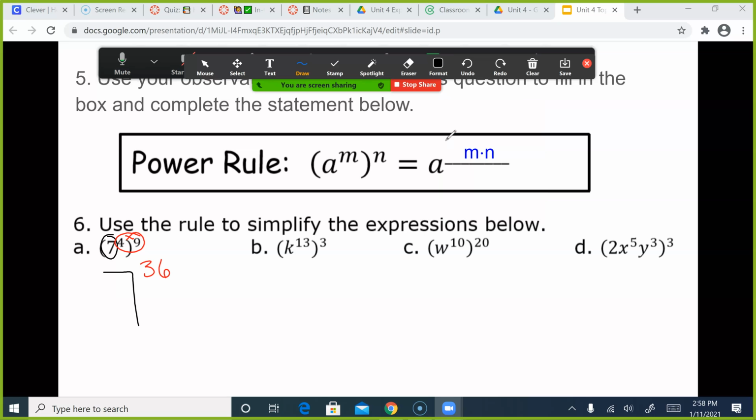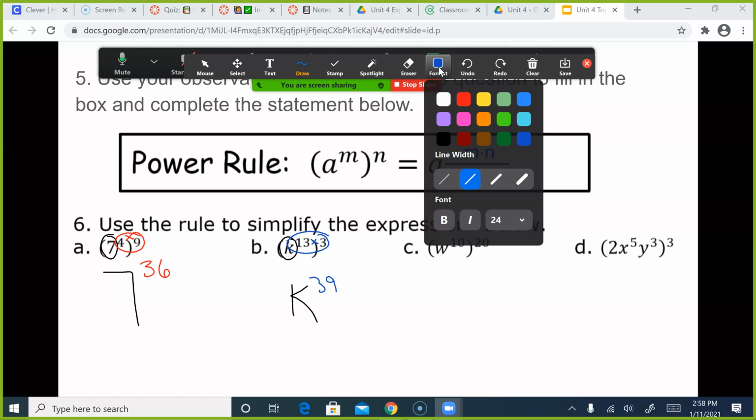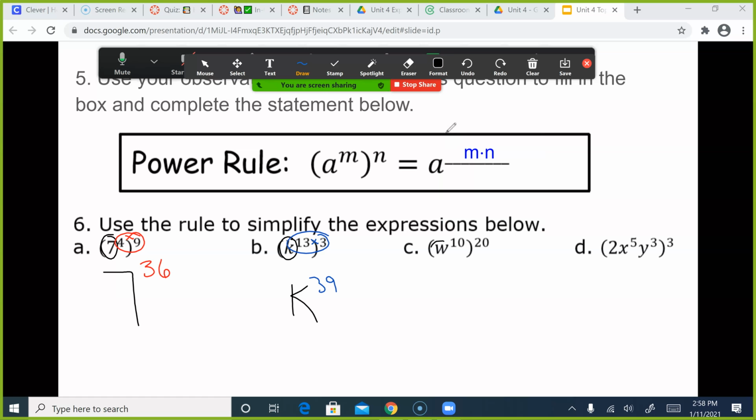Here k is the base, so that stays, and we multiply 3 and 13, and that's 39. And here w is the base, so that stays, and we multiply 10 and 20 to get 200.